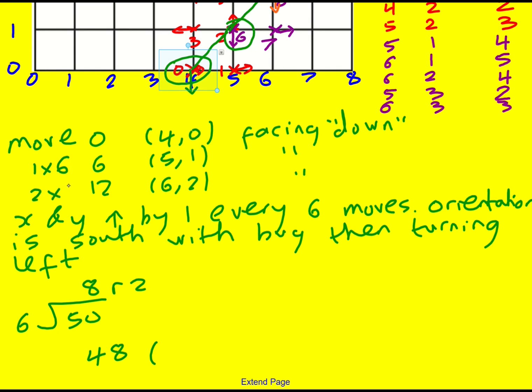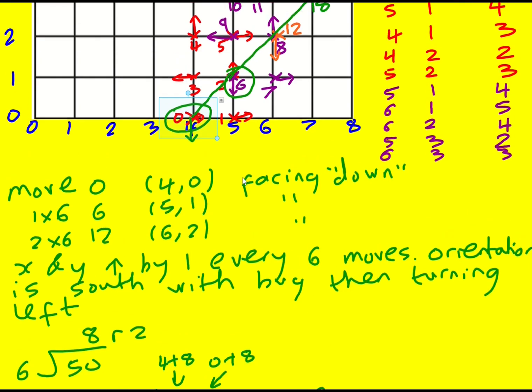This is 2 lots of 6, so we've added 2 onto 4. So now we're going to be adding 8 onto 4. It's going to take me to 12. So it's 4 plus 8, and 0 plus 8. So that's going to be move 48.